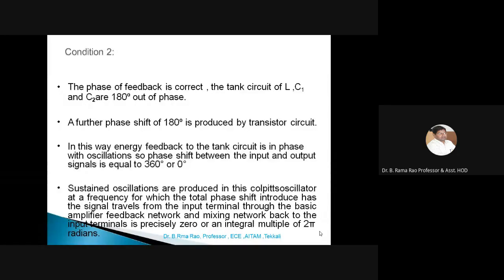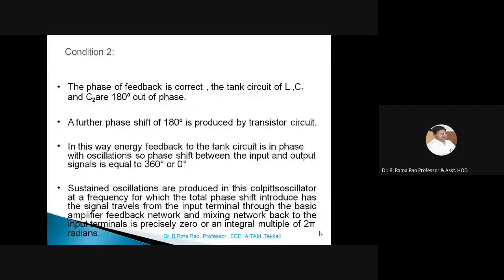You simply replace the values of Z1, Z2, Z3 as a capacitance or an inductor, according to the circuit for which we are going to perform the mathematical analysis to get the frequency of oscillation.